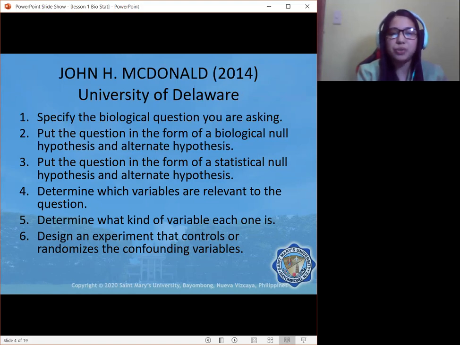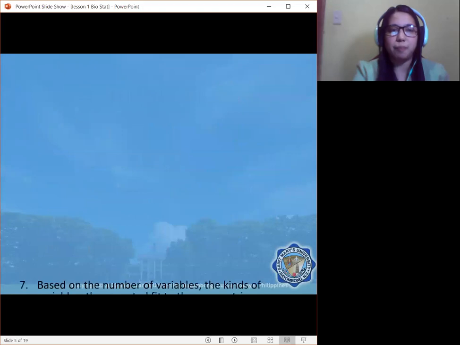So you must also know if your data is quantitative, qualitative, whether your data is nominal, ordinal, interval, or ratio. We are going to discuss all of this one by one in a separate video. And then number 6, you also need to design an experiment that controls or randomizes the confounding variables.